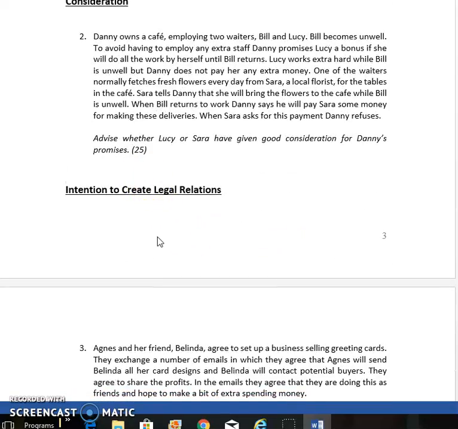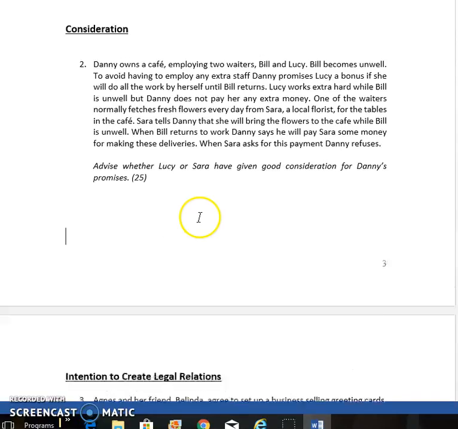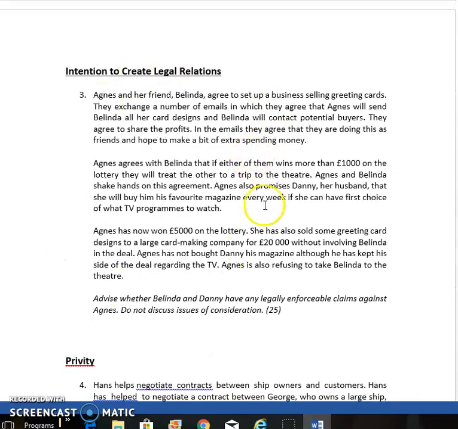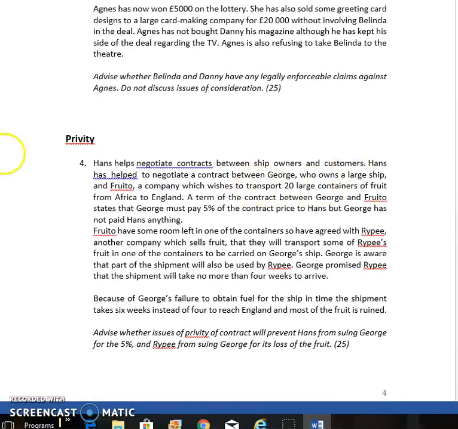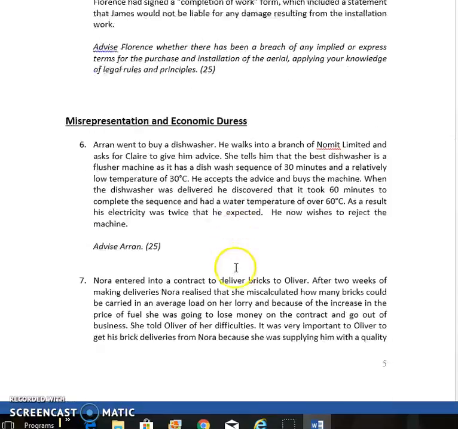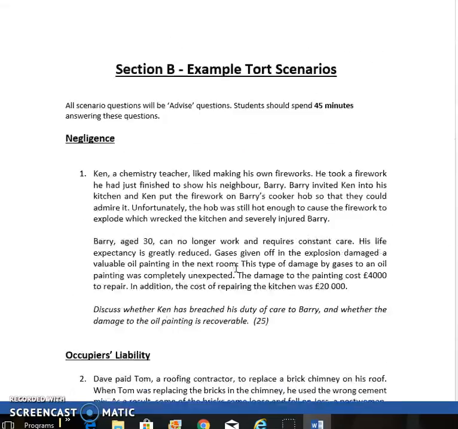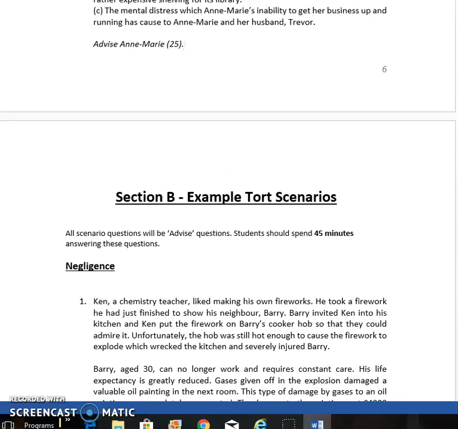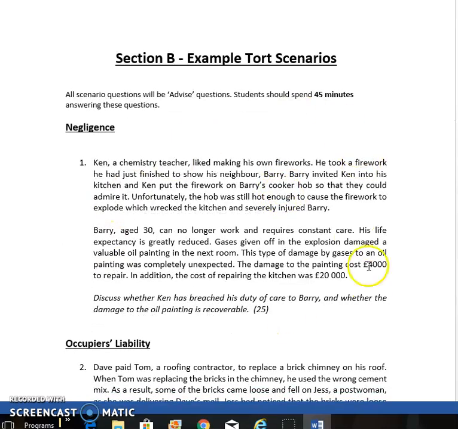So other scenarios are in here as well. So I've got consideration there, intention to create legal relations, privity, and so forth. Really important when you're doing revision that you are practicing example scenarios.